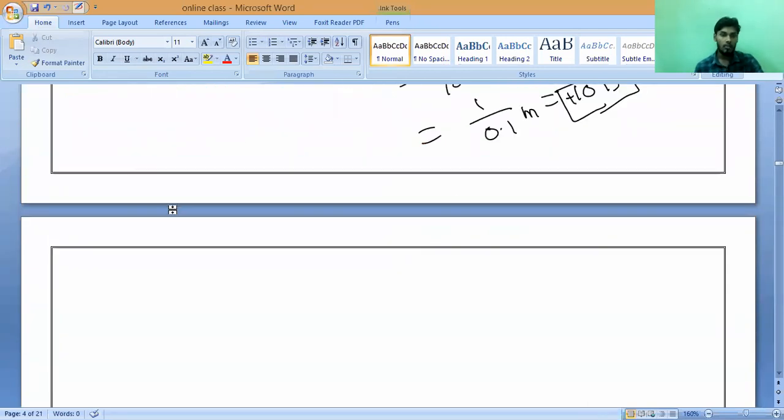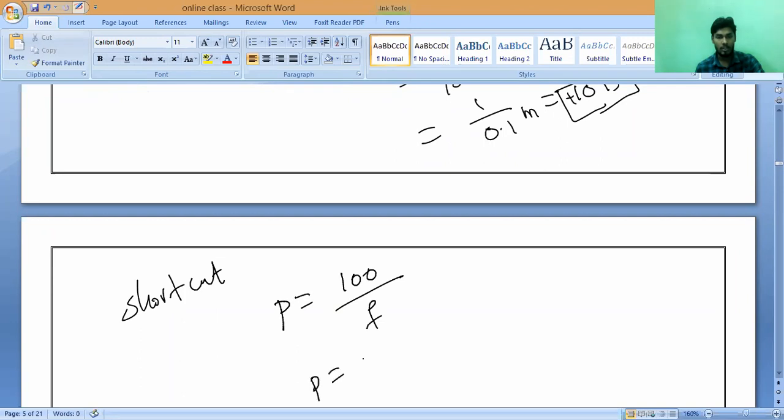Now you see the shortcut method. What is the formula when they have given centimeters? 100 by f. It is a convex lens, so it is plus. So 100 divided by plus 10 centimeters. That's all, which equals 10 dioptres.